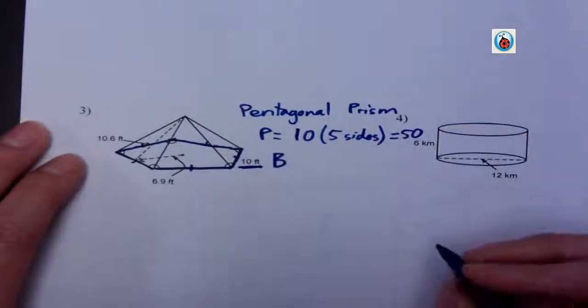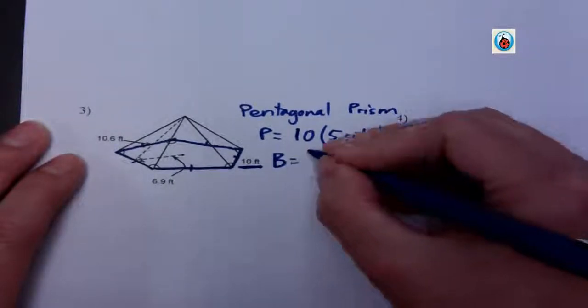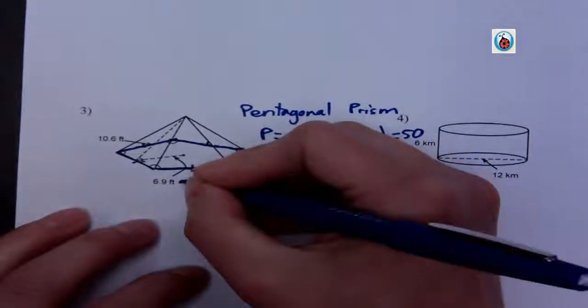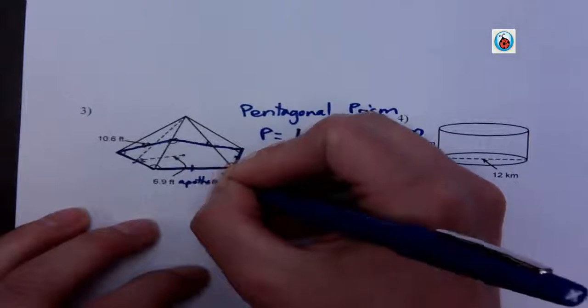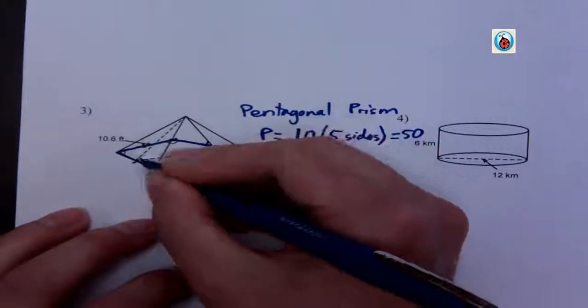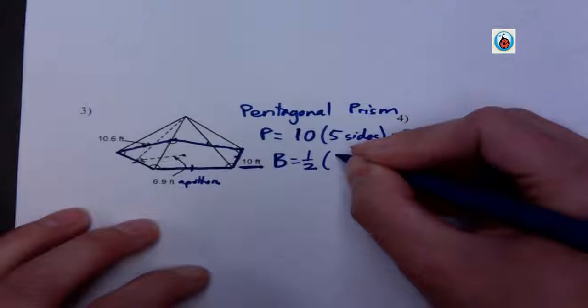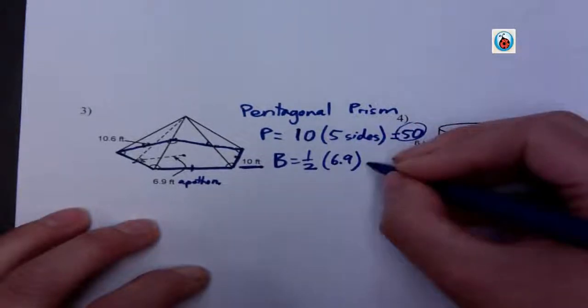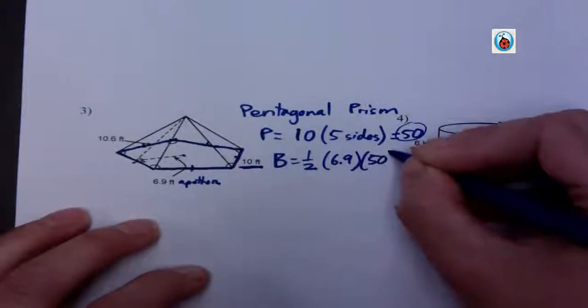My area of the base equals 1/2 apothem times perimeter. So this is my apothem, because it shows me it's going from the center to the edge. So 6.9 times the perimeter, which I just found, which is 50.